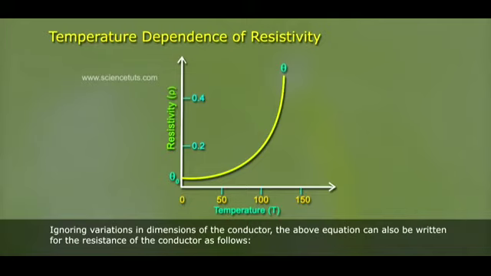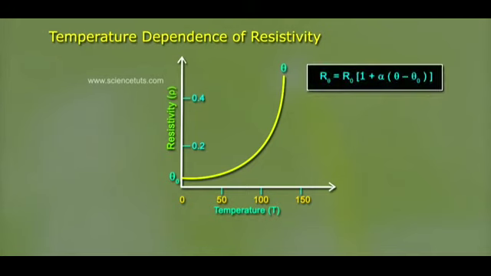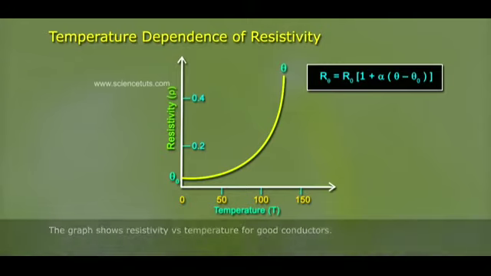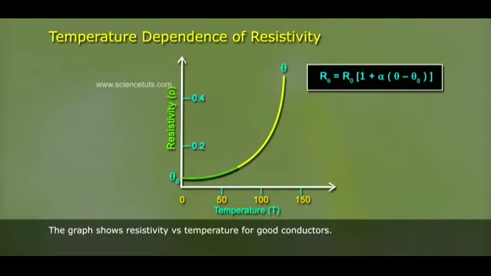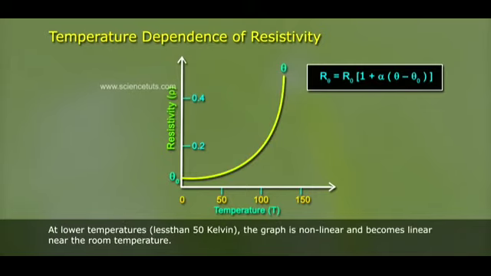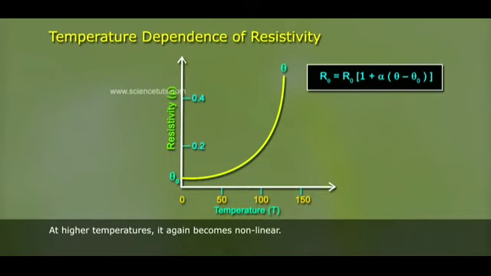This diagram shows the temperature dependence of resistivity for a conductor. Next, delta R is equal to R T minus R naught, which is equal to alpha R naught into (T minus T naught). So alpha is equal to 1 by R naught, del R by del T. That's all.